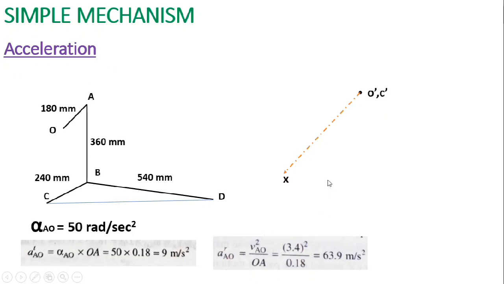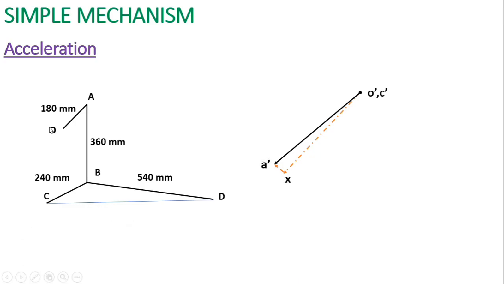So this will be the point X. Now the tangential acceleration component is known as 9 meters per second square. Using a suitable scale, you draw this tangential component vector perpendicular to the radial component vector. So this will be the point A dash. So join A dash and O dash, and we get the acceleration vector of OA.